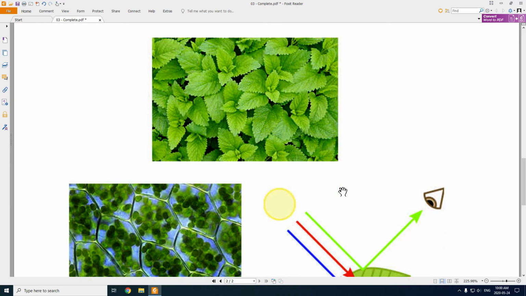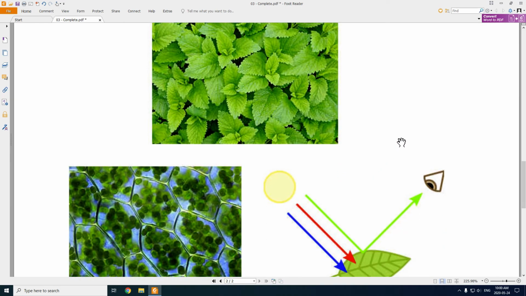Now I just want to show you a couple of different pictures here. So, as you've probably noticed, most plants involve some sort of green leaf or some part of them that's green. And the reason for that is that the plants have a special chemical in them called chlorophyll. So chlorophyll is a chemical, it's a pigment that makes plants green.